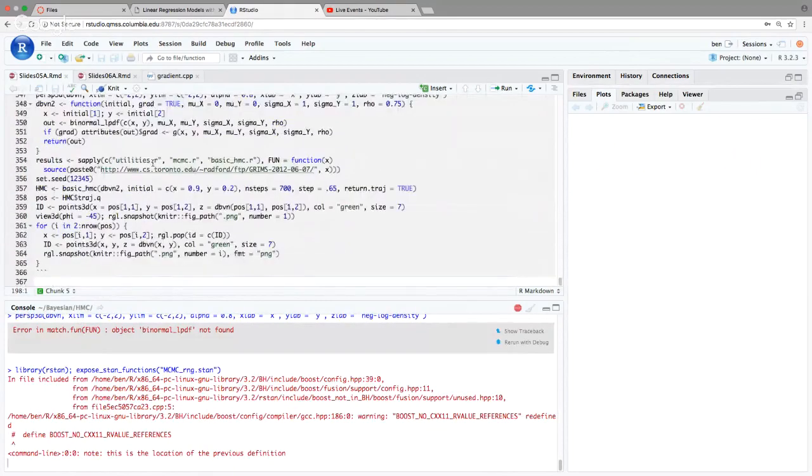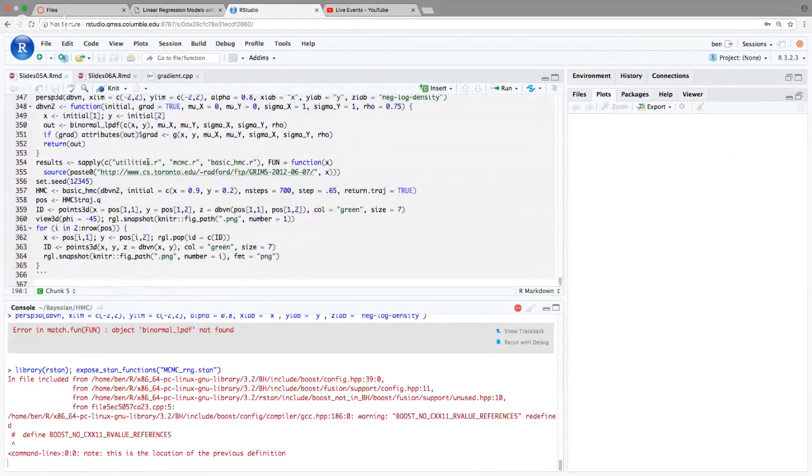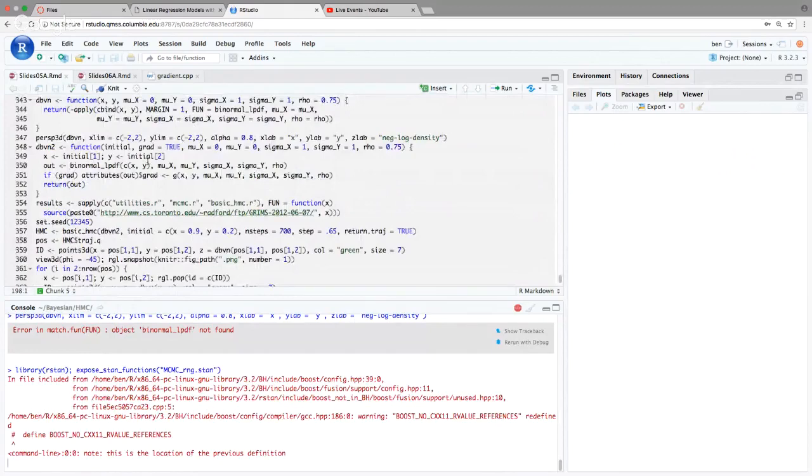So we define a function that returns the negative of the logarithm of the PDF of the bivariate normal distribution. That's dBVN. We're going to make a plot, x on one axis, y on another axis, and the z-axis is going to have this negative of the logarithm of the posterior kernel. And then we want to show how a point which represents the position of x and y moves under the physics analogy that we were talking about last week.